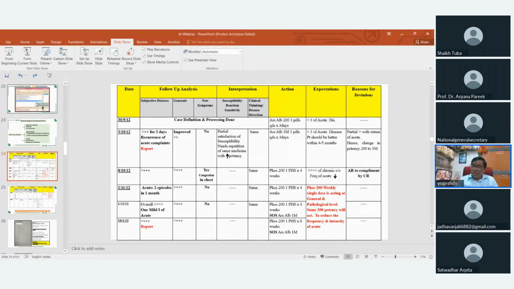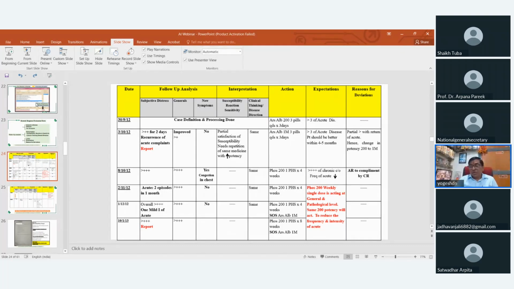Now the question might come that when the generals are better, there is no acute episode, the complaints are ameliorated, then why are we repeating the constitutional medicine. Now here the structural alteration had taken place in the form of inflammation. Patient is better with the medicine.